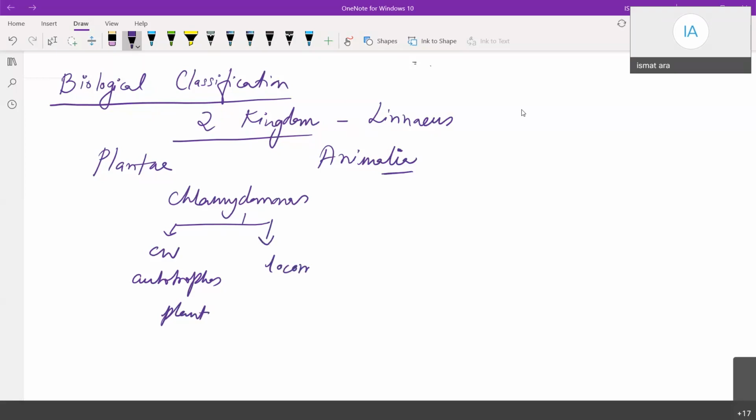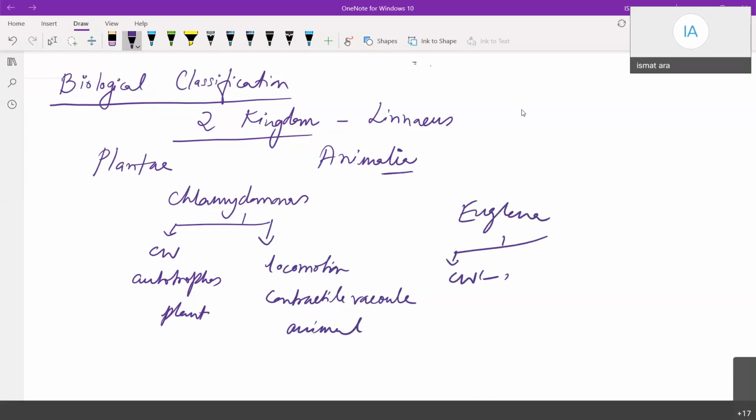They also locomote and have a contractile vacuole, which are animal features. Next, dual organism Euglena: here cell wall is absent, which is an animal feature. Autotrophic, a plant feature.